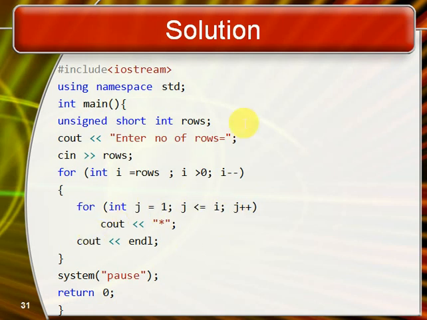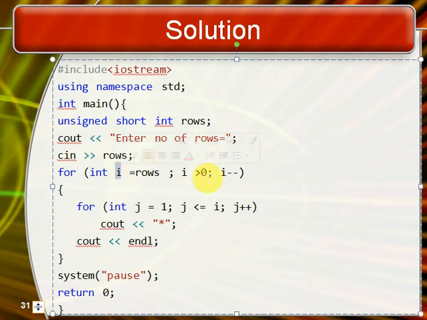The iterations of the inner loop are controlled with the loop control variable of the outer loop. The outer loop is controlling the number of rows. The first row contains the maximum number of symbols, and as the number of rows increases, the number of character symbols decreases. That's why this loop control variable is iterated in decreasing order.